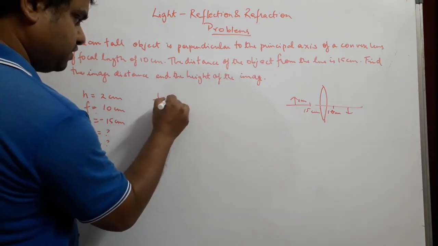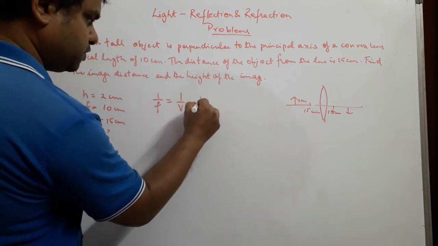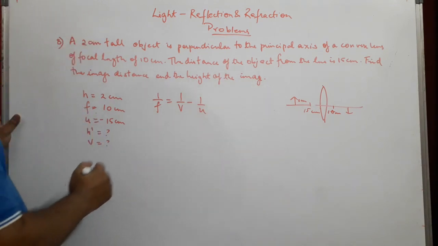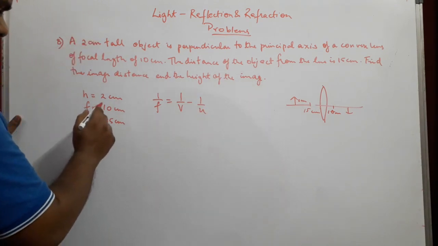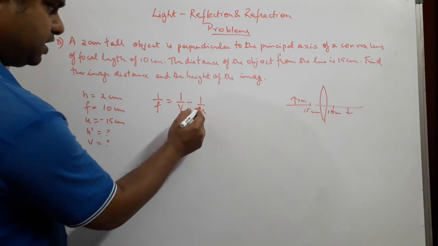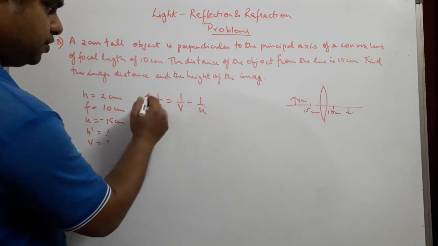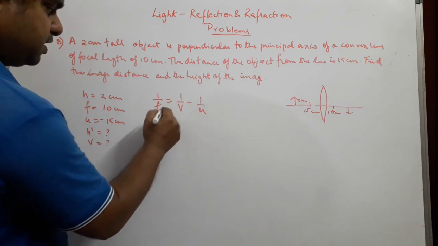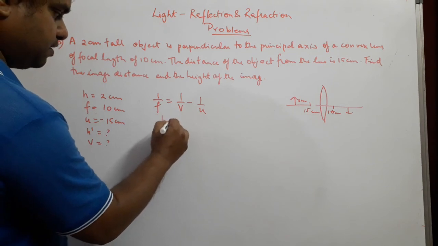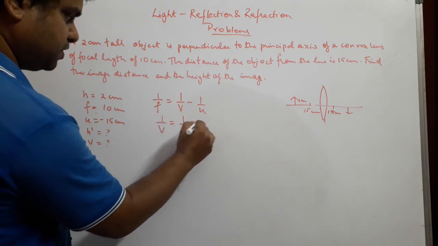1 upon f is equal to 1 upon v minus 1 upon u. We need to find v. So I'll take 1 upon u to the left hand side, and that would become positive. So we have 1 upon v is equal to 1 upon f plus 1 upon u.